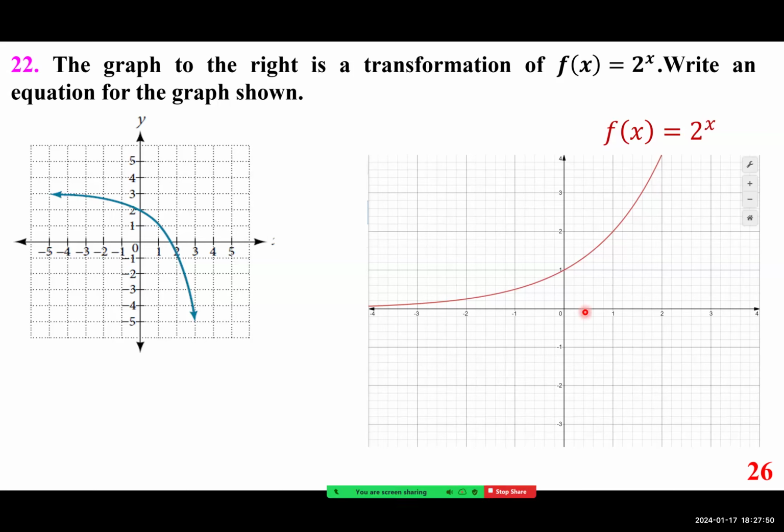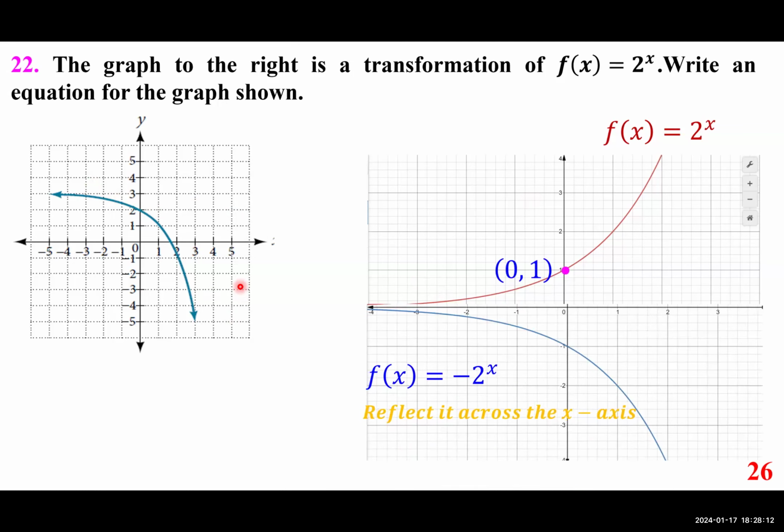There seems to be a transformation of 0, 1. And of course, now it has been 0, 2, but it's been reflected also. So if we reflect it across the x-axis, it looks similar to that.